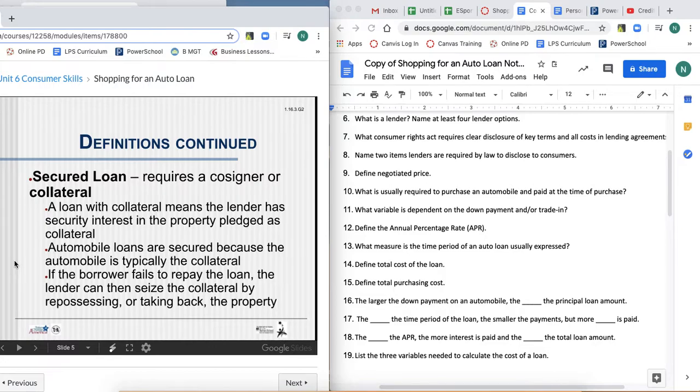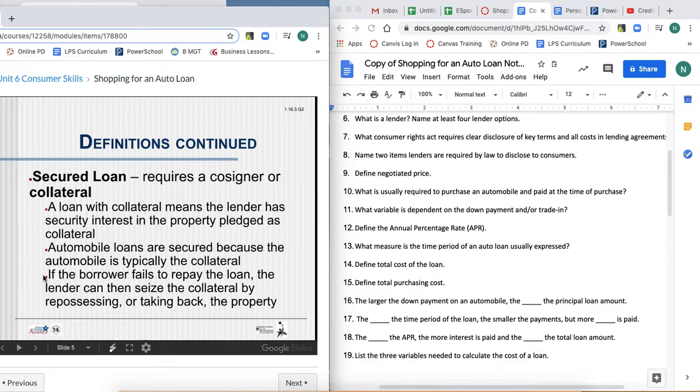Collateral means that the lender has a sense of security because you are pledging that item. If you get a loan, you could put your house up as collateral. If I don't pay off my loan, that lender then has the right to come and take my items from me. They could come and take my house from me if I made a loan with my house as collateral.